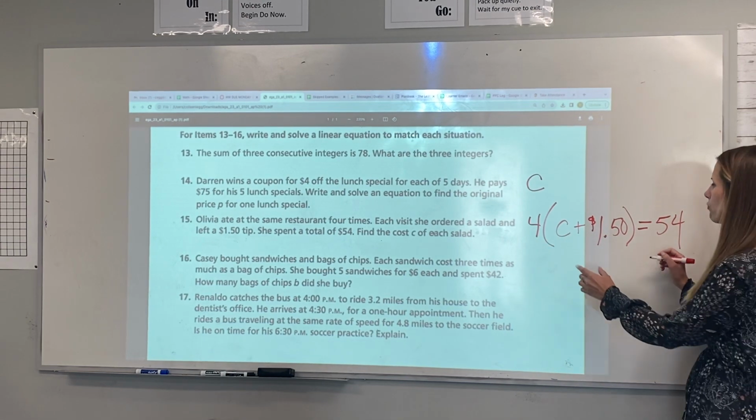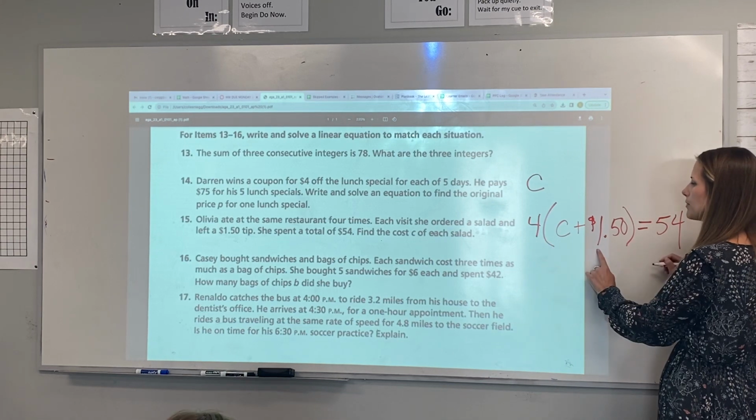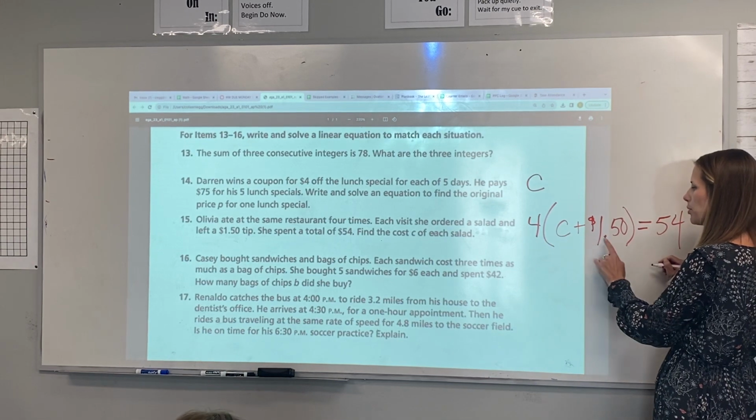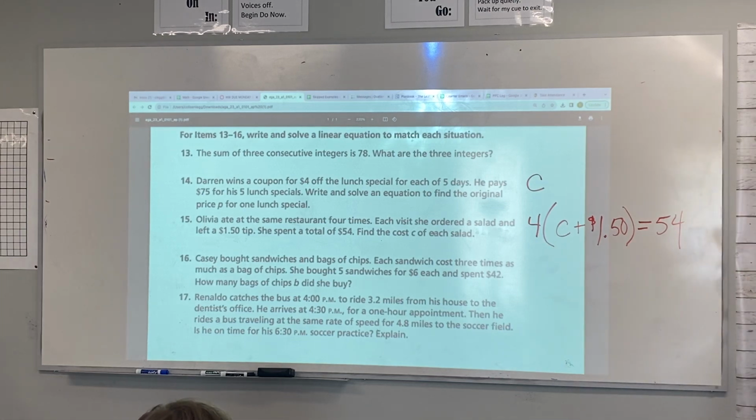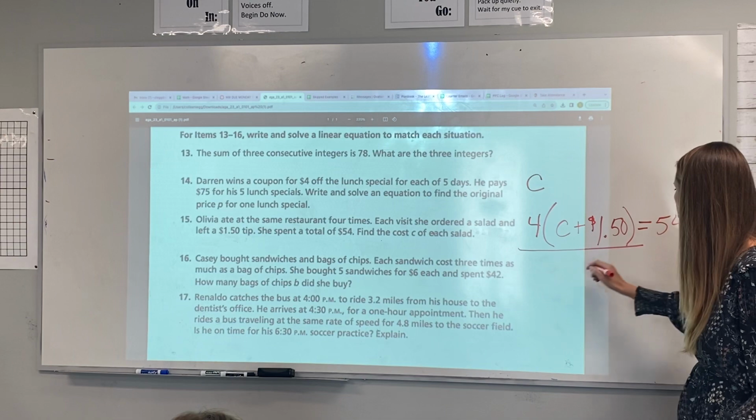So do you see how we can represent that 4 times just by putting the cost of the salad plus $1.50 times 4? Callie, is that what you had? Or did you kind of distribute? Okay. All right, where do we go from here? Somebody help me solve this. Go ahead, Emily. You divide the whole equation by 4. Yep, you can do that, or you can distribute, either one.